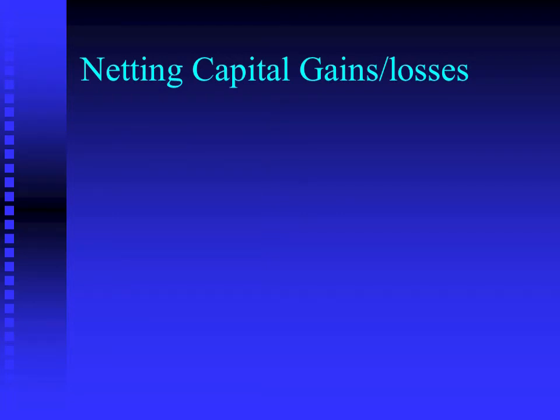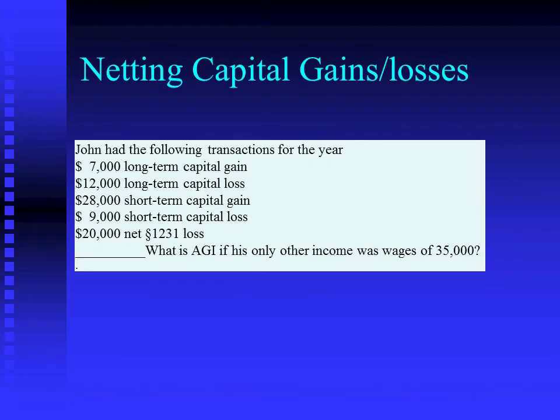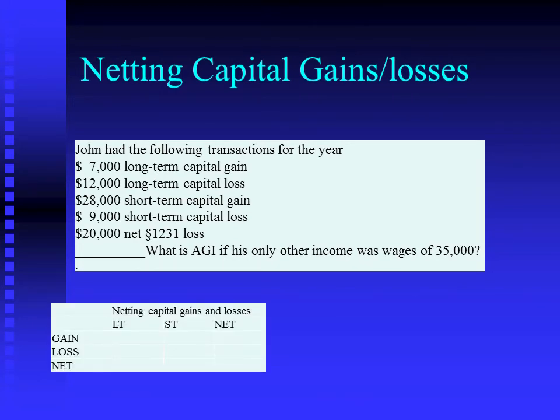I want to close with a reminder that a net 1231 loss is an ordinary loss deductible in full. So here's one last example. We've got our long terms and short terms and a $20,000 net 1231 loss. And so we want to figure out how all of this would impact adjusted gross income if the only other income was wages.